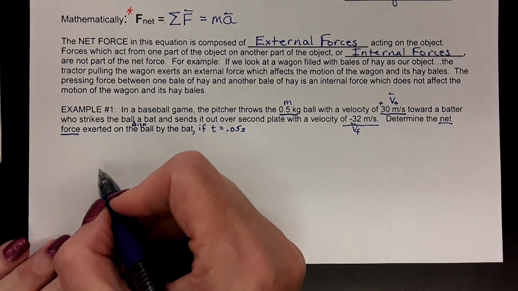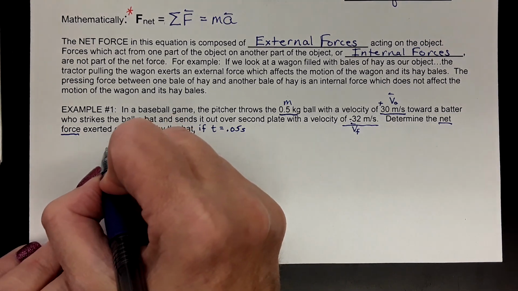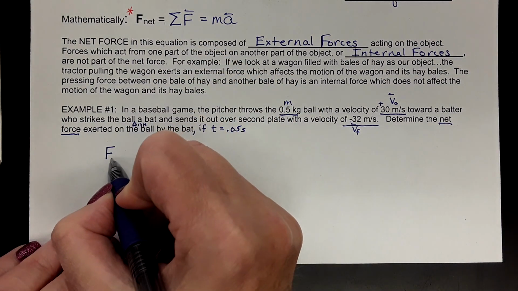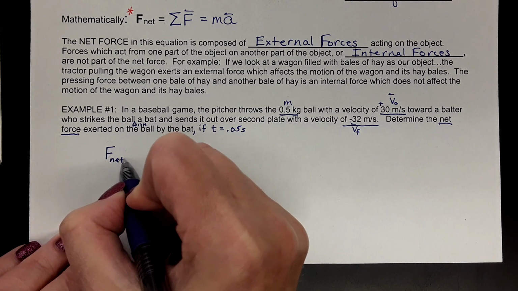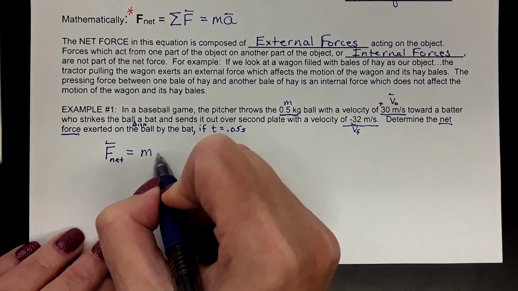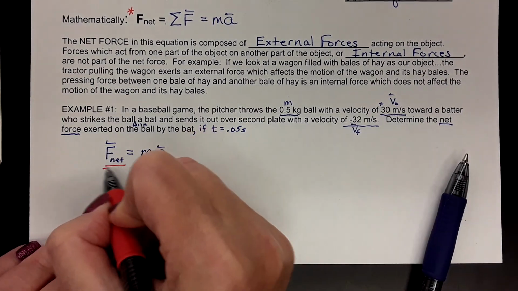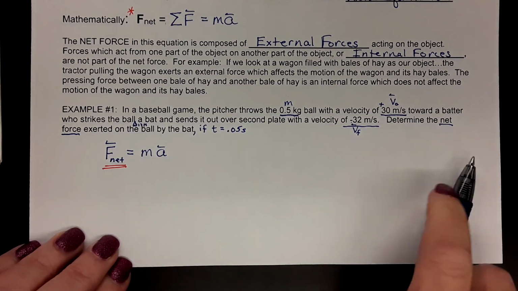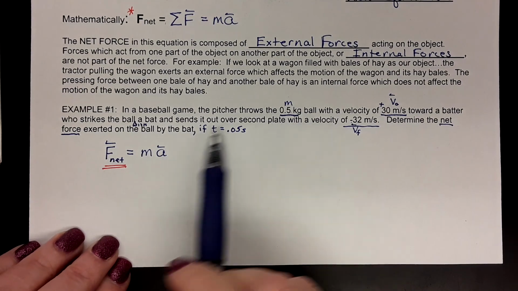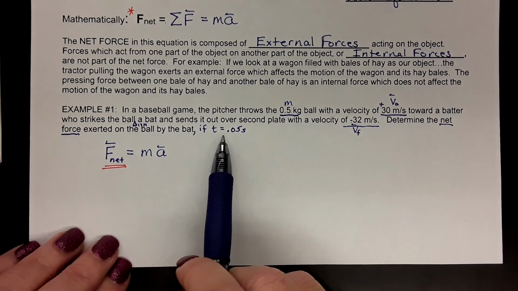Okay, let's see what we need. We want to find the net force. Well, right now, we only have one formula that we can use with net force when motion changes. That's the second law. So we know that the net force is what makes the mass accelerate, and it's the net force that we want to find. But, oh, wait a minute. We have a problem. We have the mass, but we don't have the acceleration anywhere.